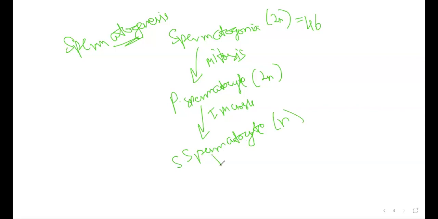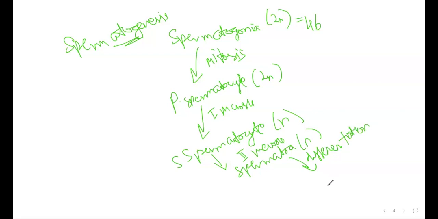And this secondary spermatocyte will give rise to a structure called spermatozoa, through the second meiotic division. Second meiosis is happening, again an equational division with n number of chromosomes. And spermatozoa, through the process of differentiation, we'll discuss what this differentiation is, produces what is called the sperm. Okay, so this is very important.